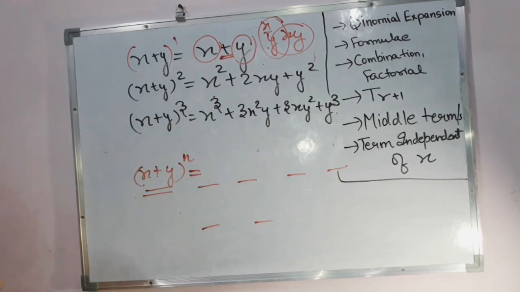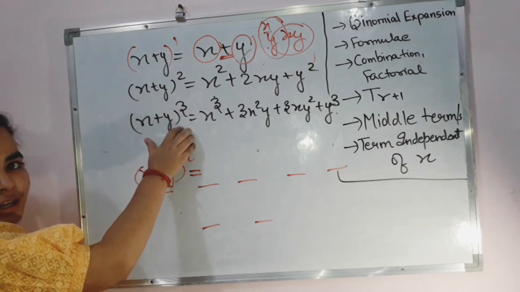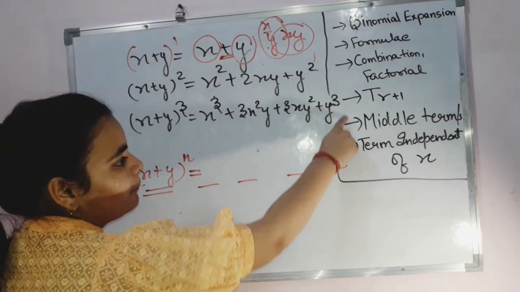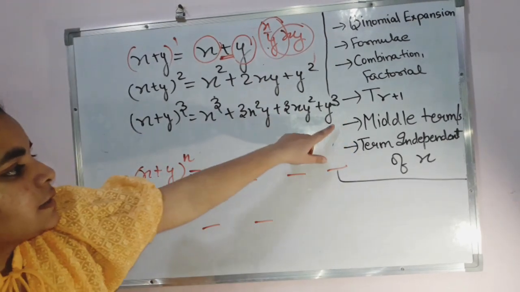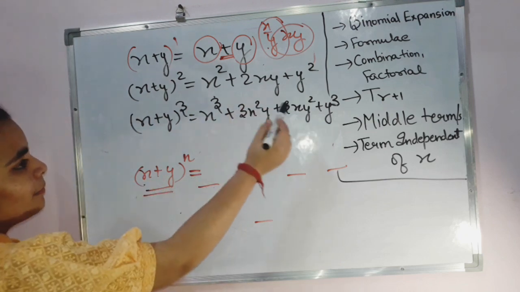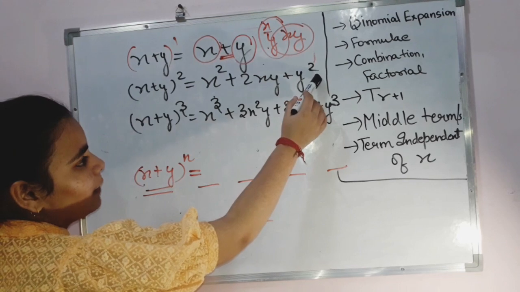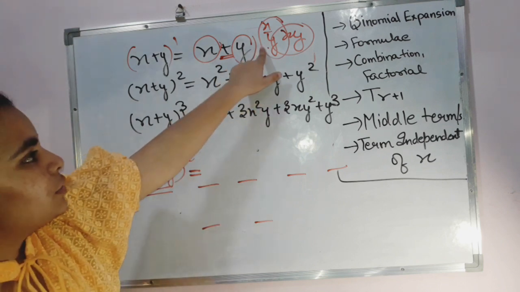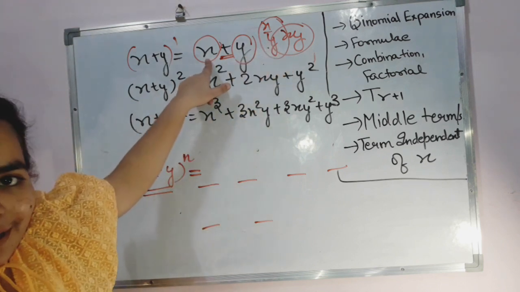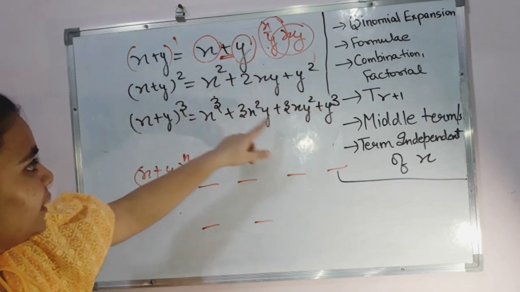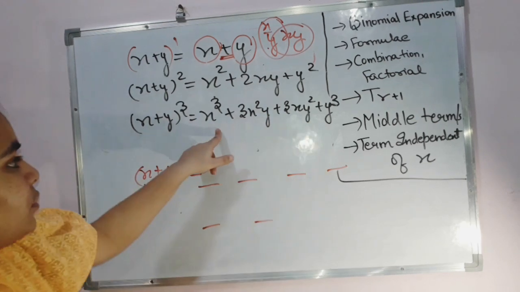That means, if the whole power was 3, I will be having all the powers of x from 3 down, and where x is not written, I can write x raised to the power 0. X raised to the power 0 is 1. So I am having it from x raised to the power 0 to x raised to the power 1 in this, from x raised to the power 0 to x raised to the power 2 in this, and then here, x raised to the power 0 to x raised to the power 3.